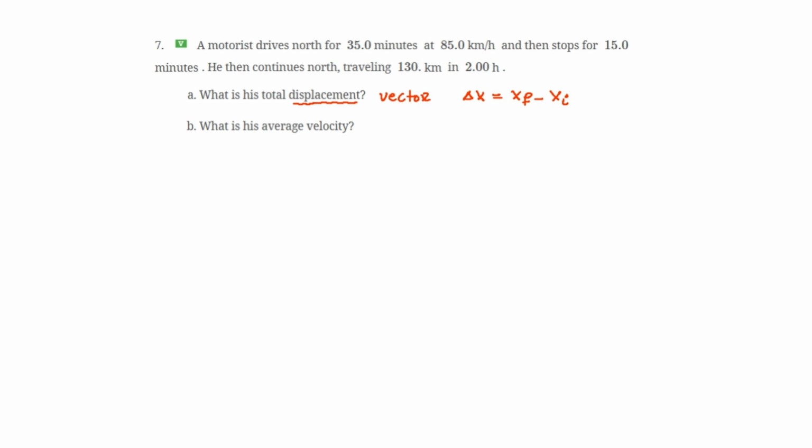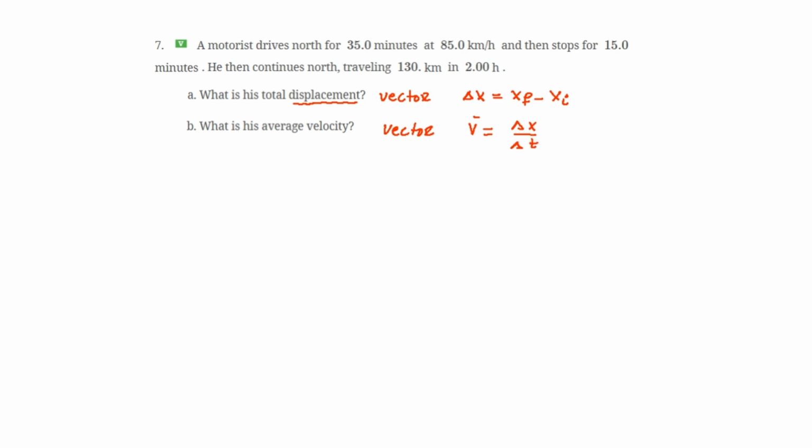Now, average velocity, remember that average velocity would be, in this case, the variation is also a vector, and the average velocity would be the variation of displacement over the variation of time.